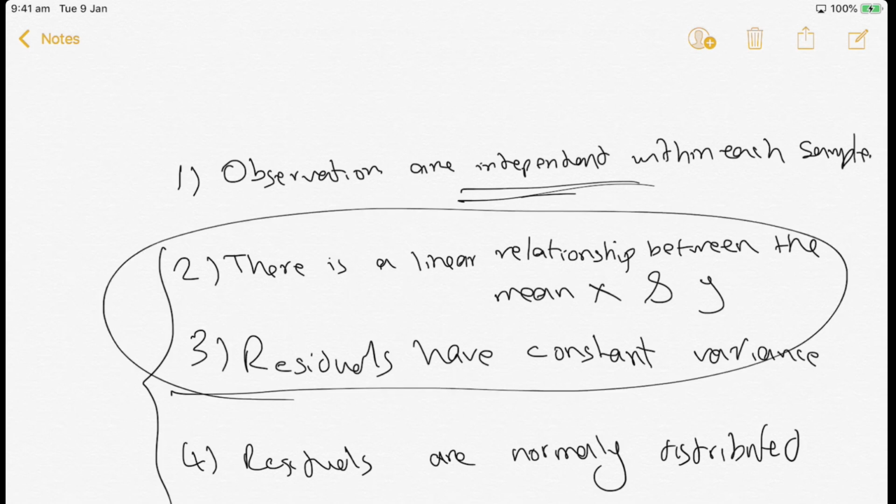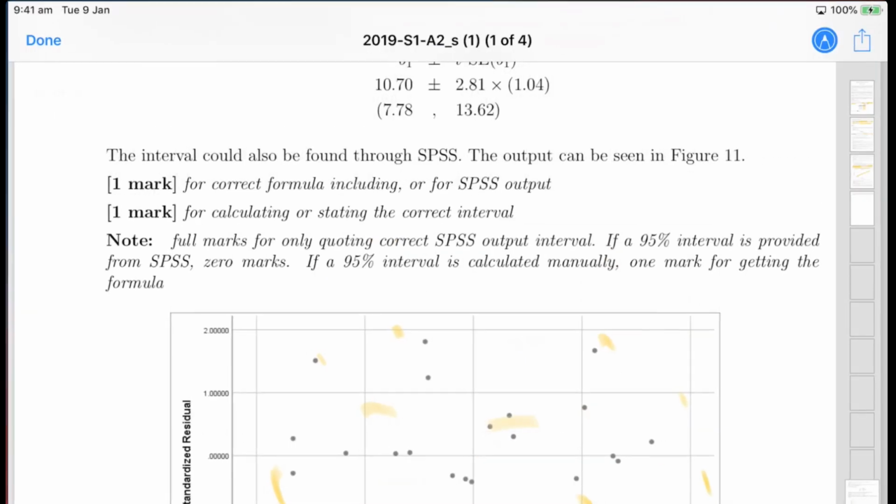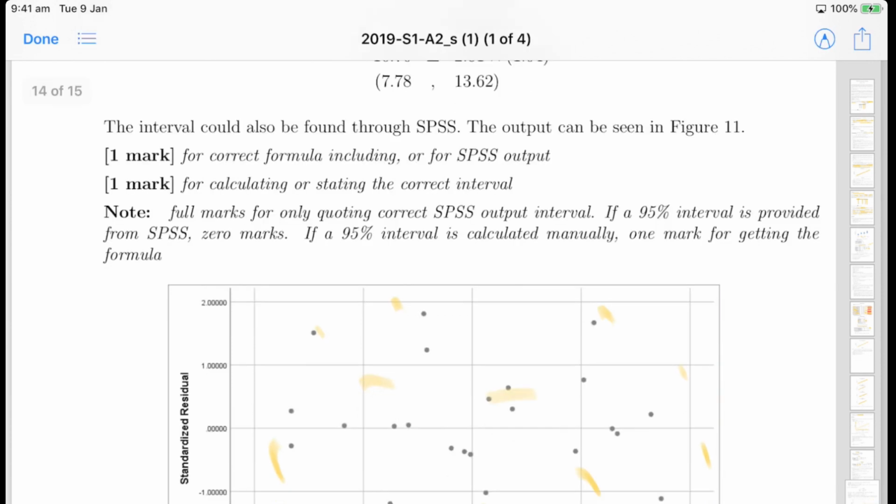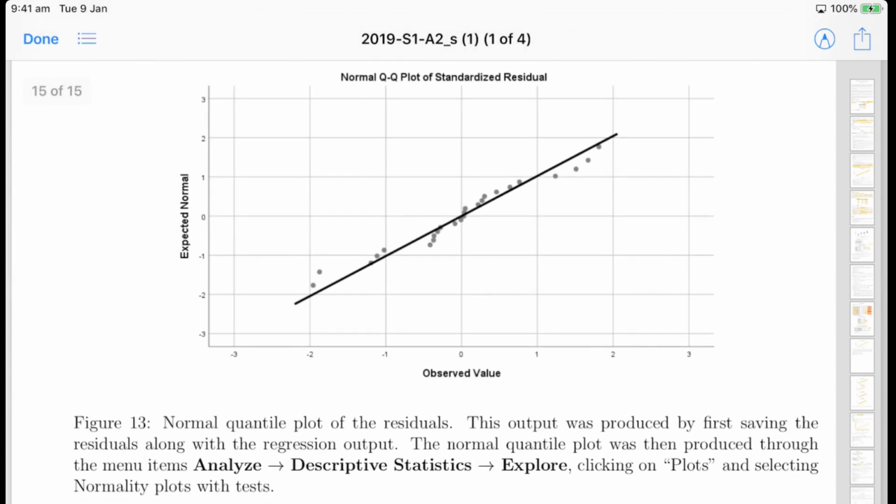And finally, to know whether they are normally distributed or not, we need to plot this graph in here, the normal quantile plot. You see, most of these values lie around this straight line.